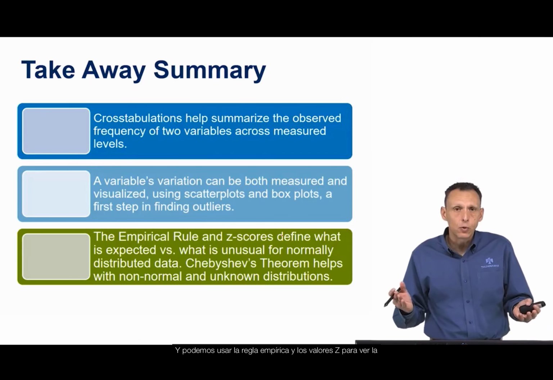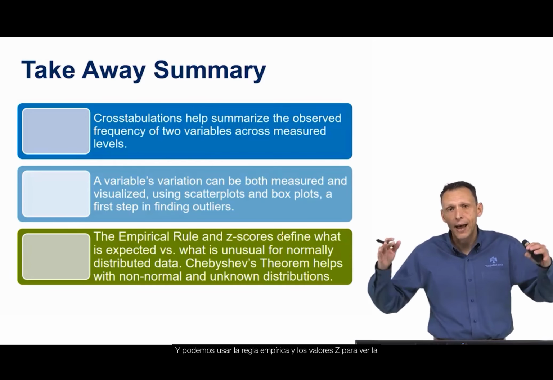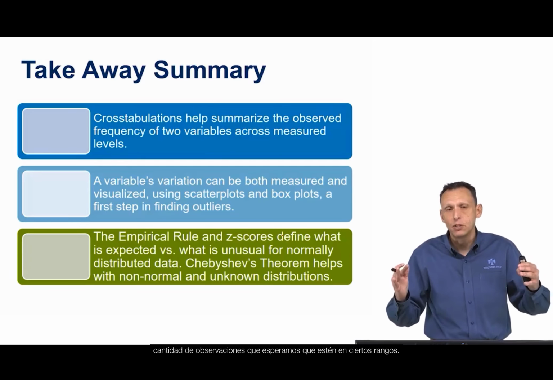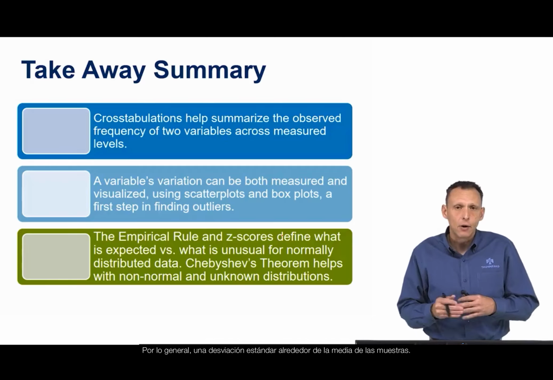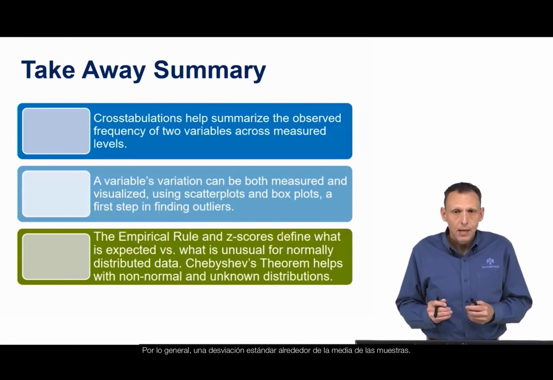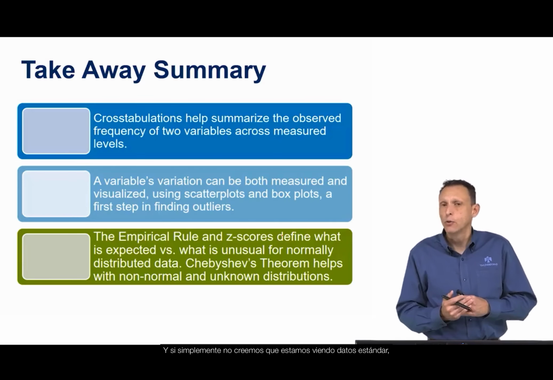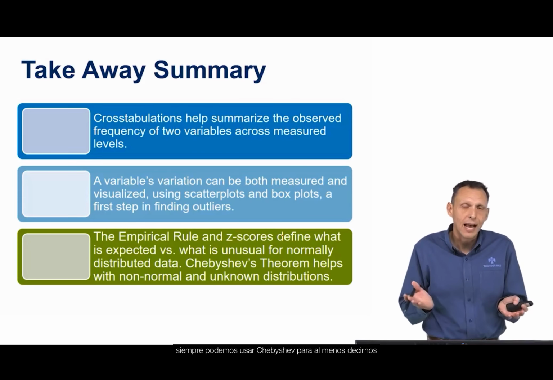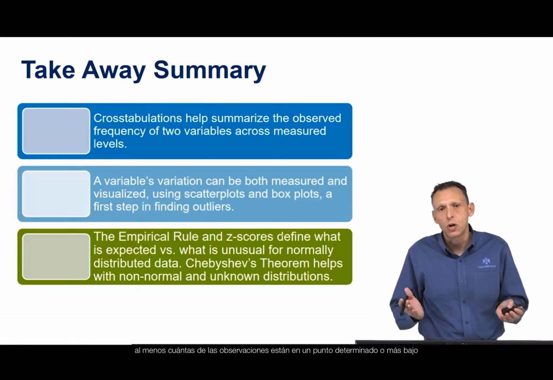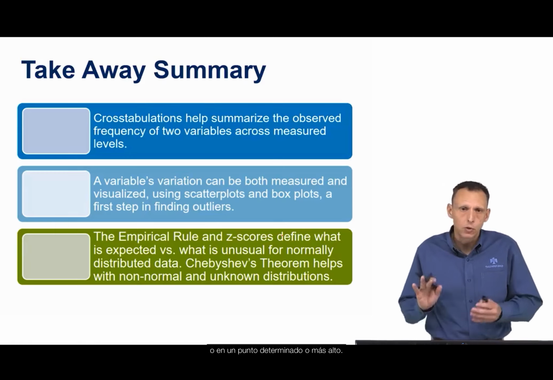We can use the empirical rule and z-scores to look at the quantity of the observations that we expect to be in certain ranges, usually a standard deviation around the sample's mean. And if we just don't believe that we're looking at standard data, we can always use Chebyshev's to at least tell us how many of the observations are at a certain point or lower, or at a certain point or higher.